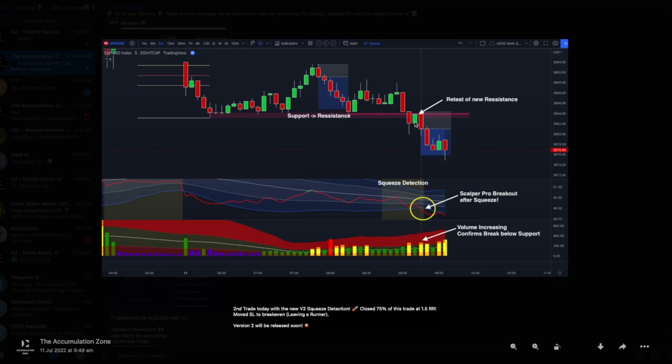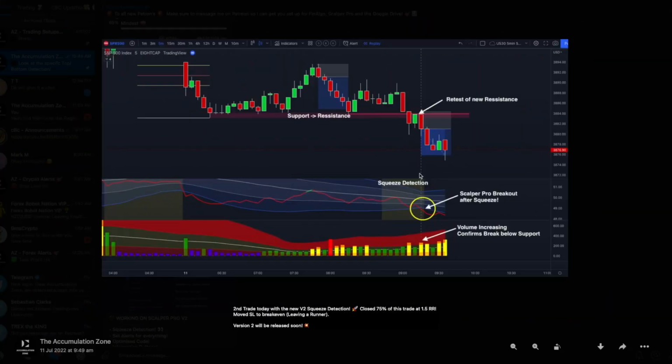So we had a bearish retest of this resistance line right here, and right afterwards we had a bearish engulfing candlestick. Our squeeze detection was already fired off early on, so we had enough time to prepare ourselves for the breakout after the squeeze. And right here the VSA indicator confirmed my bias with steady increase in volume.